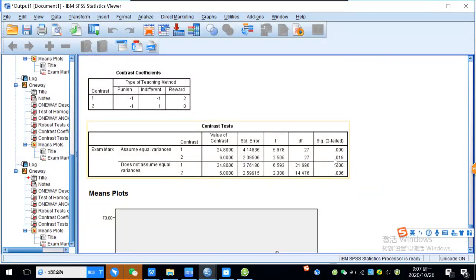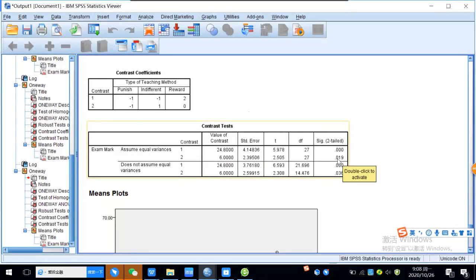So here we should be very careful. For all the contrasts, the planned comparisons, you need to use one-tailed significance, which is the two-tailed significance divided by 2.